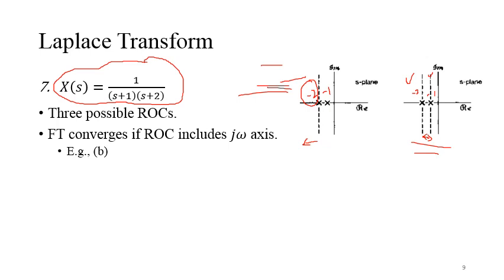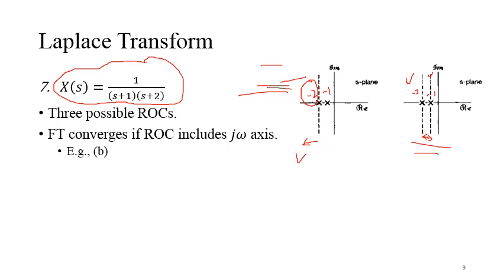Because depending upon the region of convergence, if we say it's a right-sided signal, it has the ROC to the right side, which includes the imaginary axis. So for the right-sided signal in this particular case, the Fourier transform also exists.